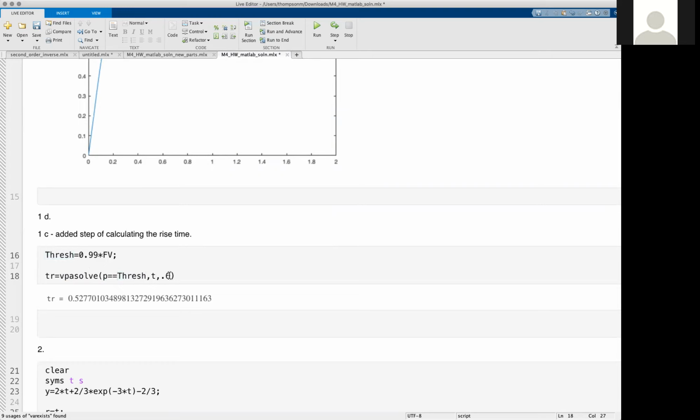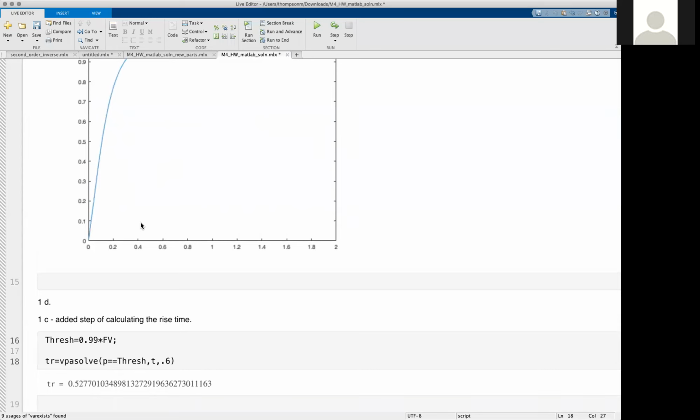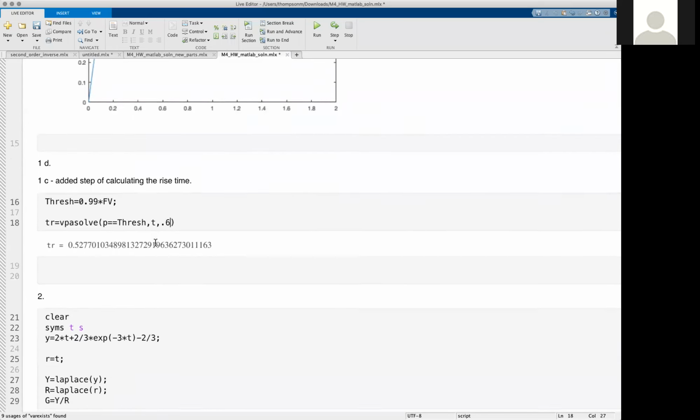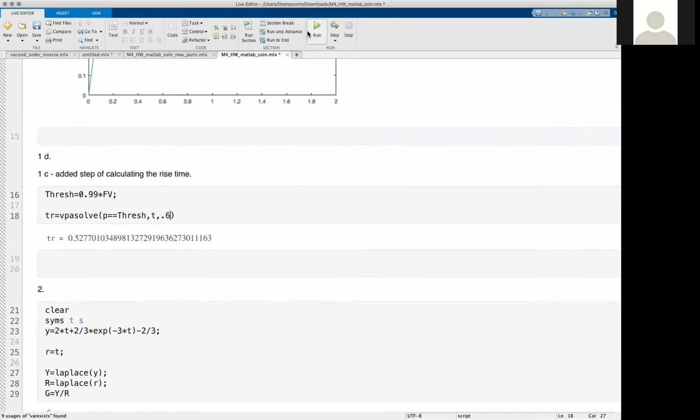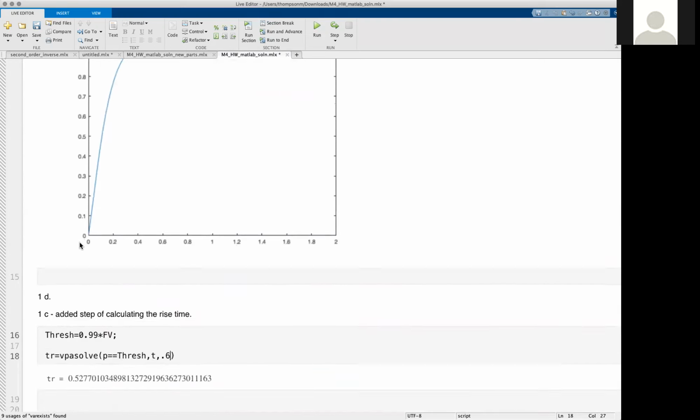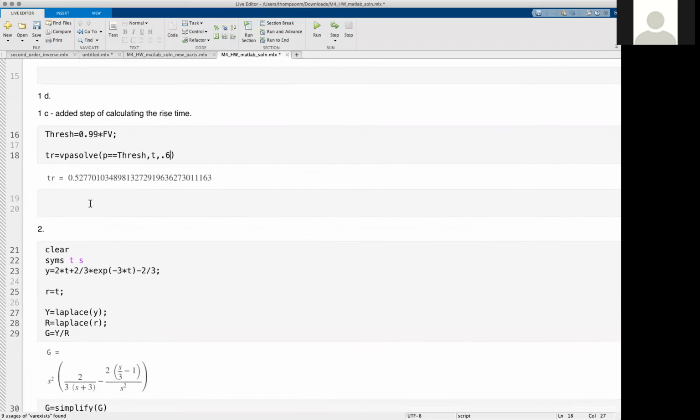If you don't do that, sometimes you get kind of crazy answers. So I just eyeballed this and thought it was around 0.6, and then when you rerun that, you get that the rise time in this case is 0.52 seconds.